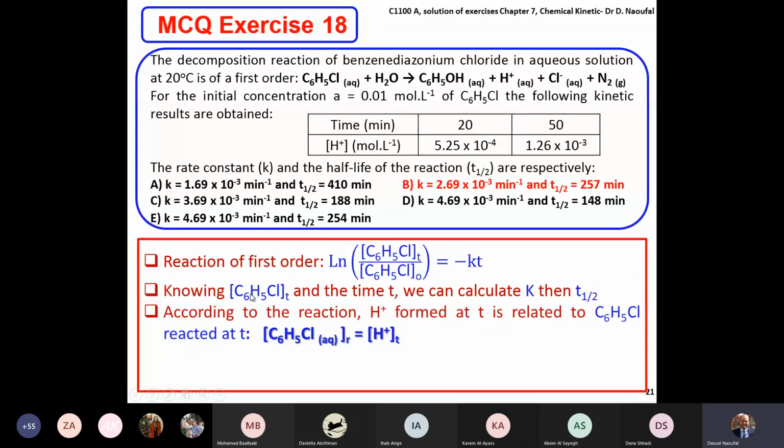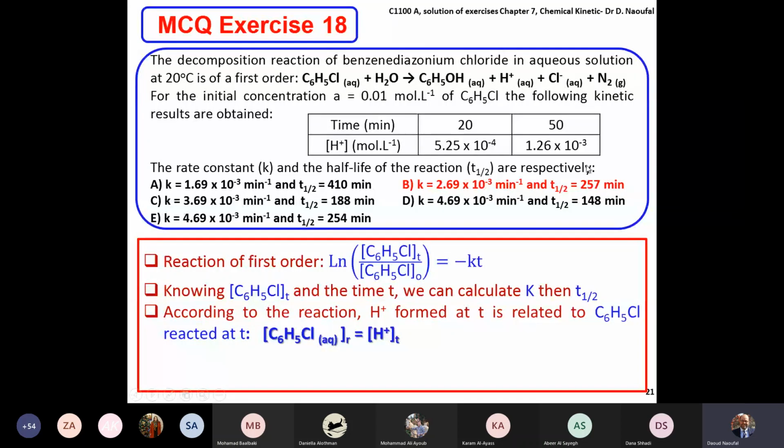So now the objective is to calculate the concentration of C6H5Cl at a time t. According to the given, we have the concentration of H+ formed, and the concentration of H+ formed is related to the concentration of C6H5Cl reacted according to the stoichiometry. So C6H5Cl reacted divided by 1 equals H+ formed divided by 1.